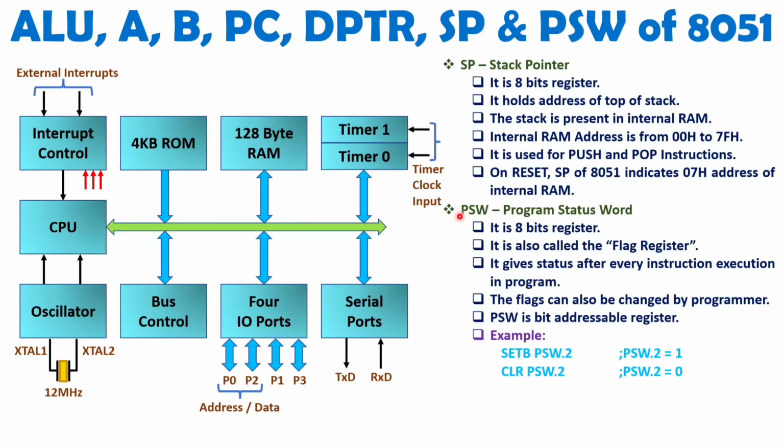Why? The reason is PSW is a bit addressable register. So bit by bit operation can be performed, as well as complete register operations, and this flag register shows how the program status is. In the next videos, I'll explain how PSW works.